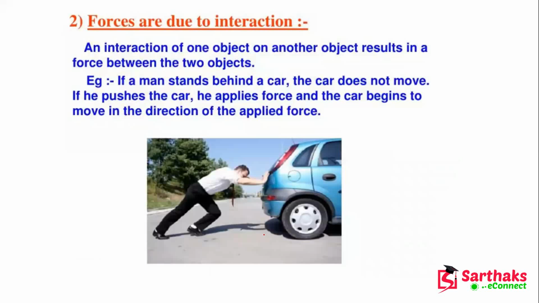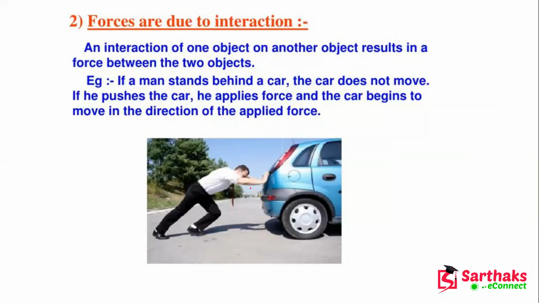Now, forces are due to interaction, right? An interaction of one object on another object results in a force between the two objects. So that means some interaction should be there. If a man stands behind a car, obviously the car will not move.